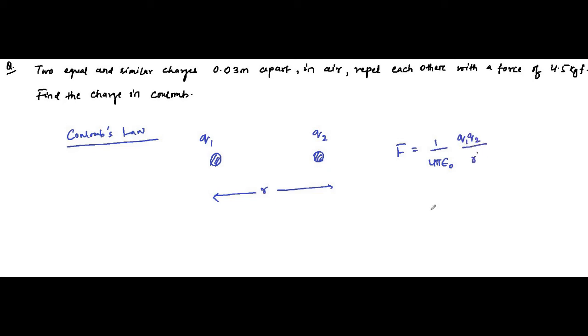In some cases, when the charges are placed in any other medium, this expression gets modified as 1 by 4 pi epsilon 0 epsilon r q1 q2 by r square, where epsilon 0 is the absolute permittivity of free space or air, which is 8.854 into 10 to the power minus 12, and relative permittivity comes into play when placed in any other medium.